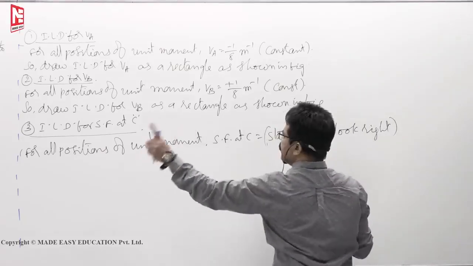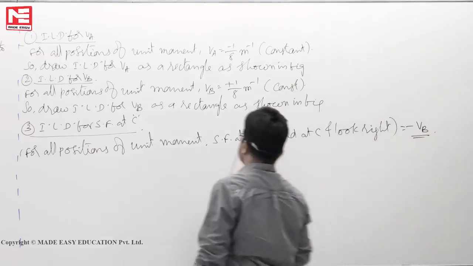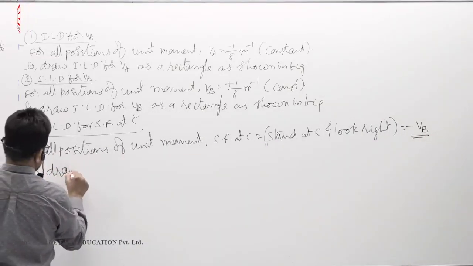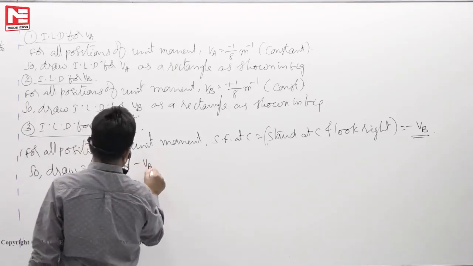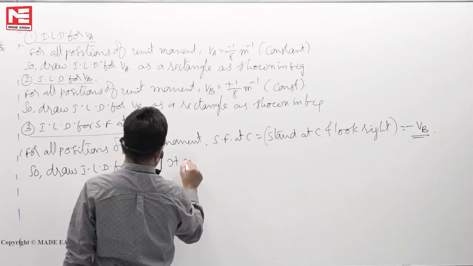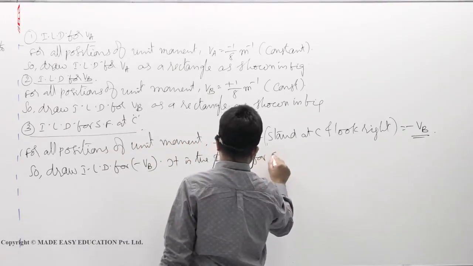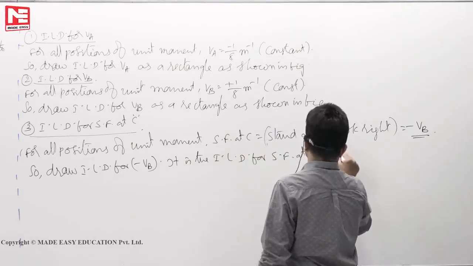Stand at C, look right means minus VB. So, draw ILD for minus VB. It is the ILD for shear force at C also.